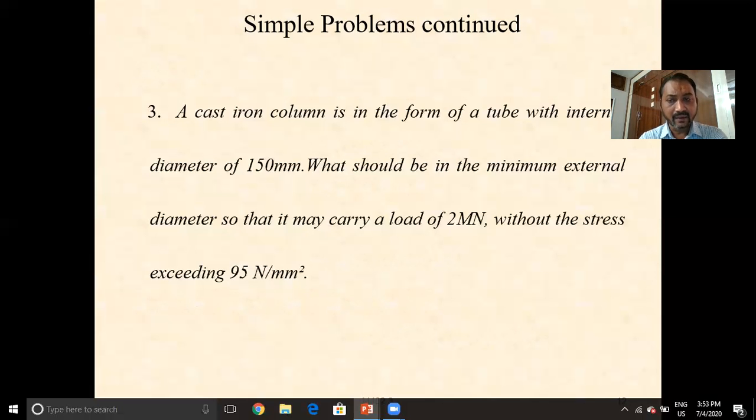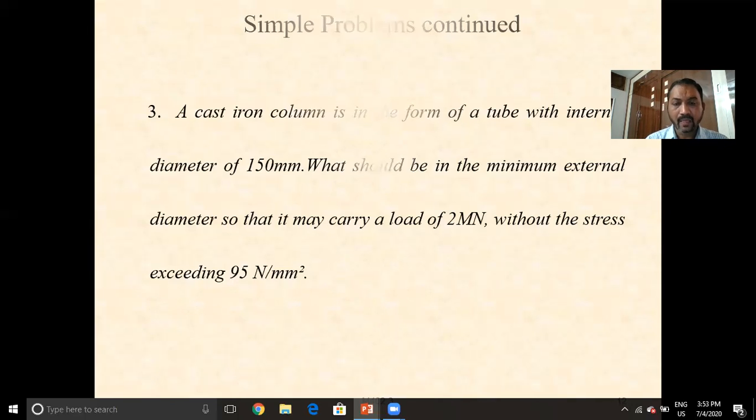What should be the minimum external diameter so that it may carry a load of 2 meganewtons without the stress exceeding a value of 95 newtons per square millimeter? So this is the problem given here.